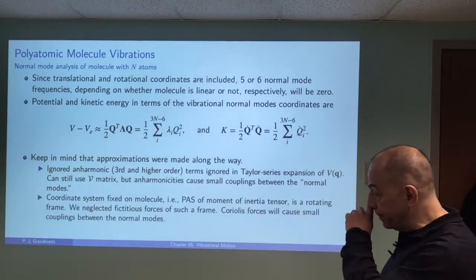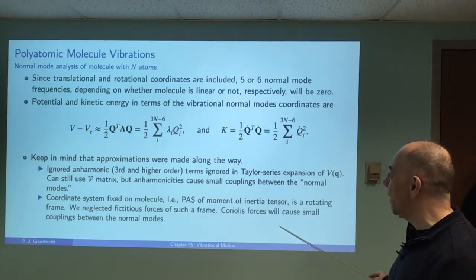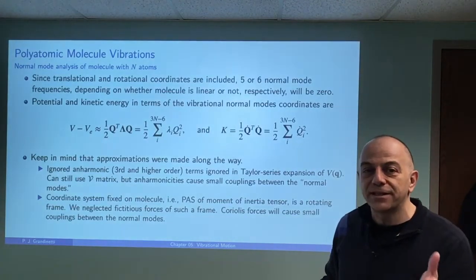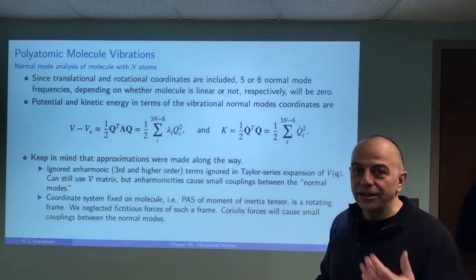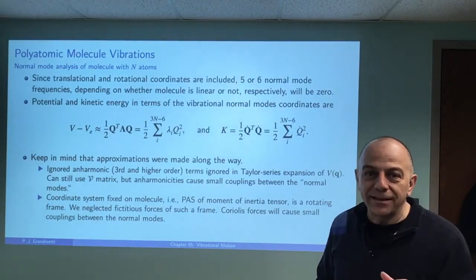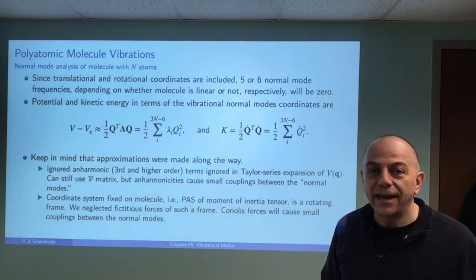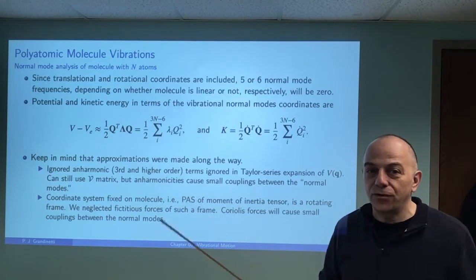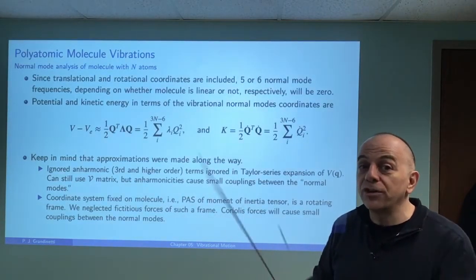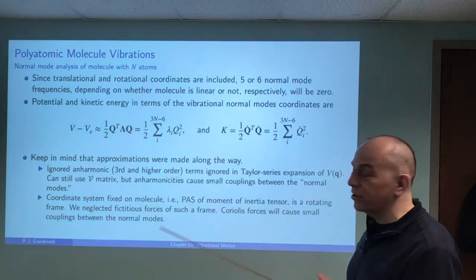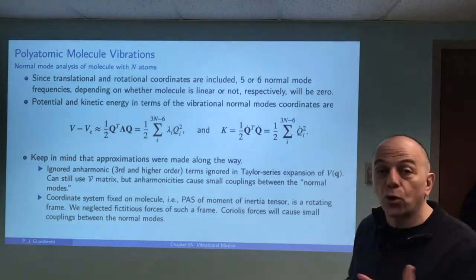The other approximation that we made is that when we jumped into this coordinate system, which is the principal axis system of the moment of inertia tensor, we ignored the fact that that's not an inertial frame. That frame is rotating. And in that frame, there will be fictitious forces from being in that rotating frame. Those fictitious forces should have been included in our equations of motion. In this particular case, the force that's going to be important is the Coriolis force.